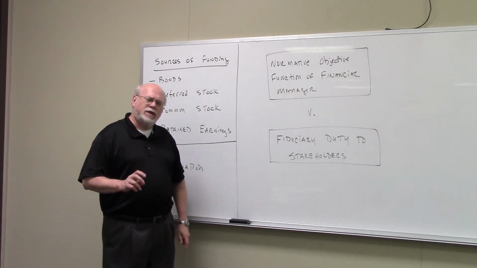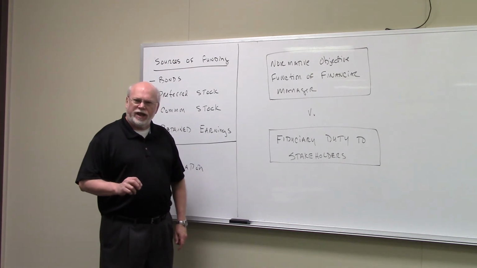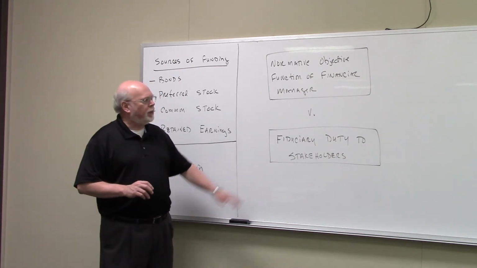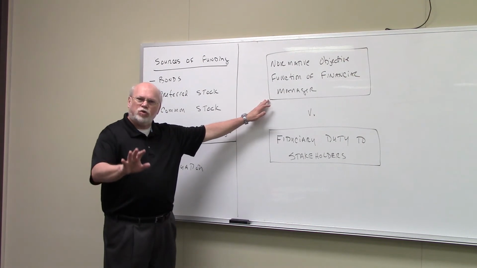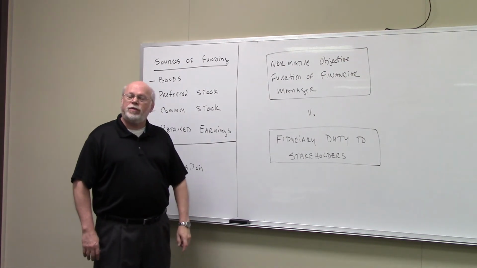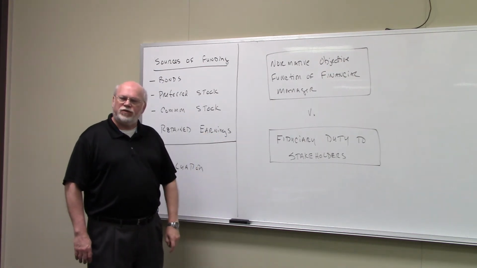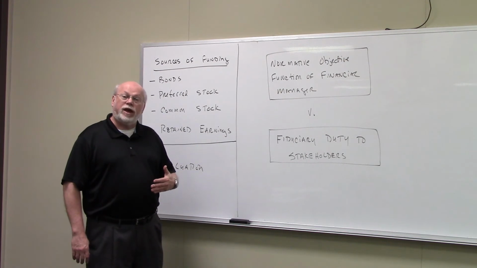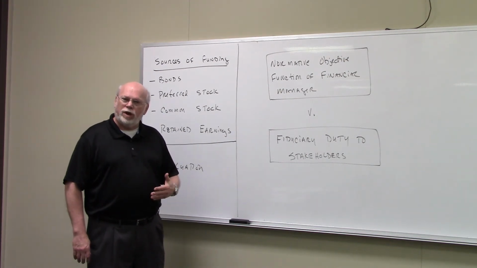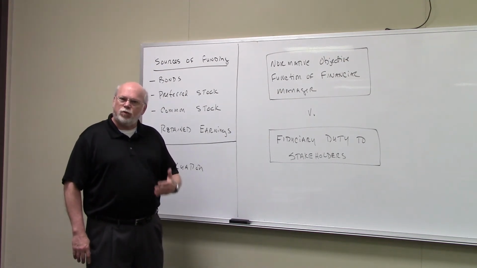There's a couple of things I want you to understand about a corporate financial manager. What basically drives you is what's called the normative objective function of the financial manager, which we talked about in a previous video. The normative objective function of a financial manager is to maximize shareholder wealth given some level of risk.